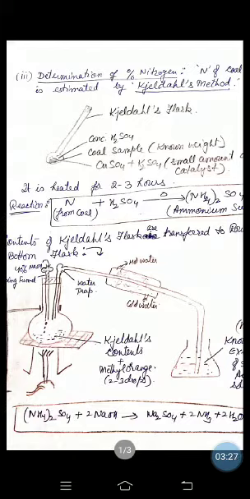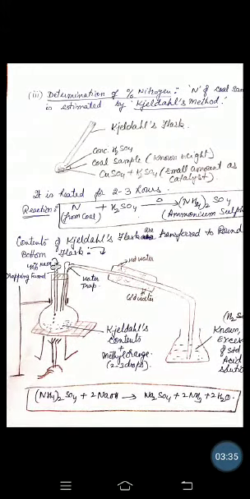After setting up the experiment, again I repeat, in the round bottom flask we have taken the contents of the Kjeldahl flask, which mainly contains H2SO4 and ammonium sulfate, and we have added methyl orange as indicator.